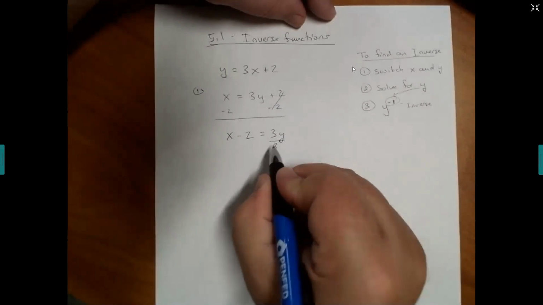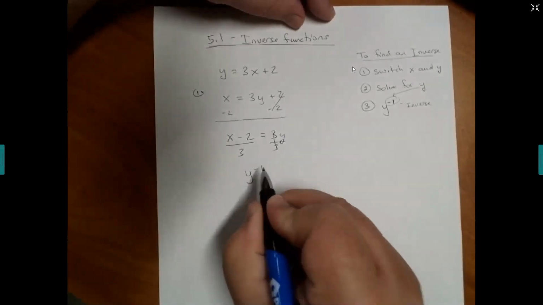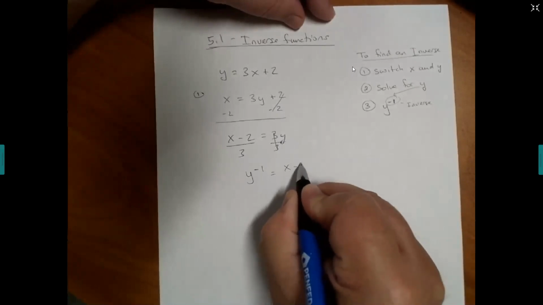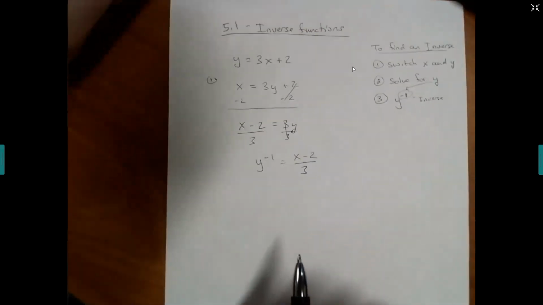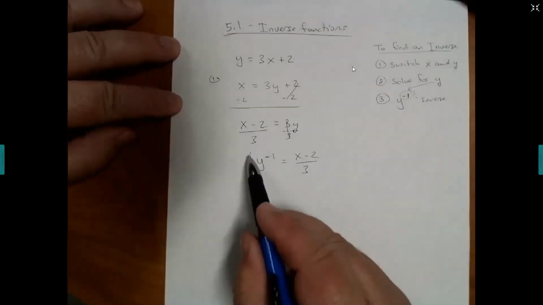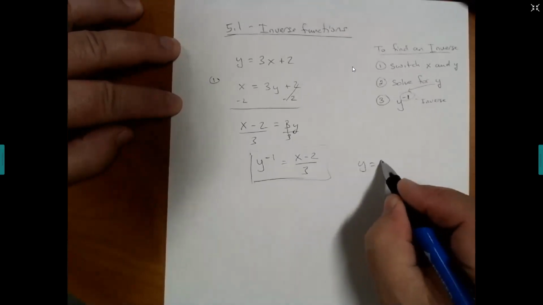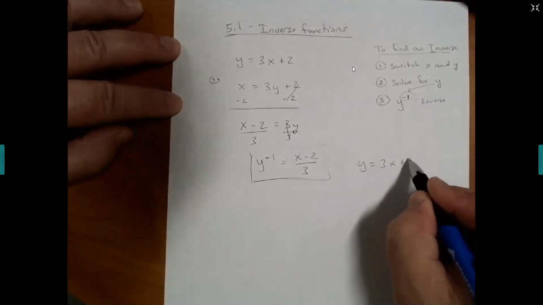And then divide by 3. So my inverse is x minus 2 over 3. That's why I know this is my inverse equation. This is my inverse. This is my original.